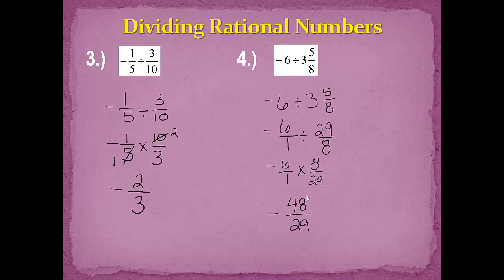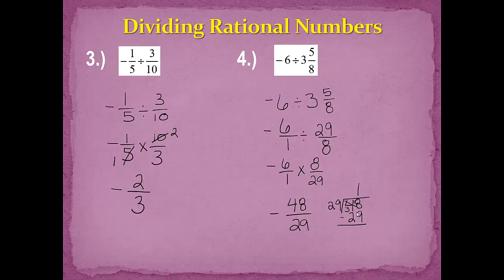Now I'm going to change my answer, negative 48/29, into a mixed number. So I'm going to take 48 and divide that by 29. 29 will go into 48 one time. I'm going to subtract. I need to borrow from the 4 to make it a 3.